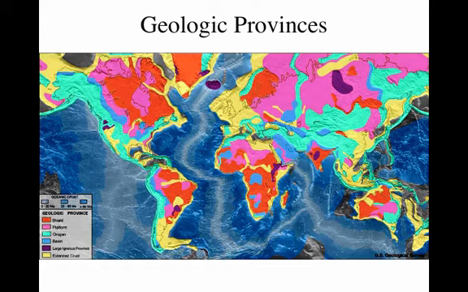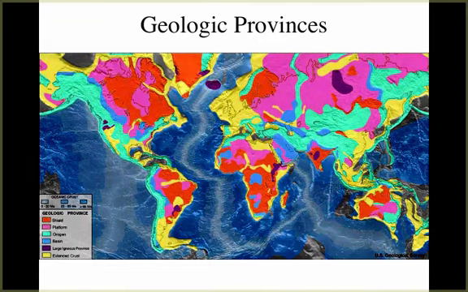A map of world geologic provinces could include other shield areas, like I just showed for North America. And those could include the shield of the South American continent, Scandinavia, Australia, India, and Africa, different parts of the shield exposed there.